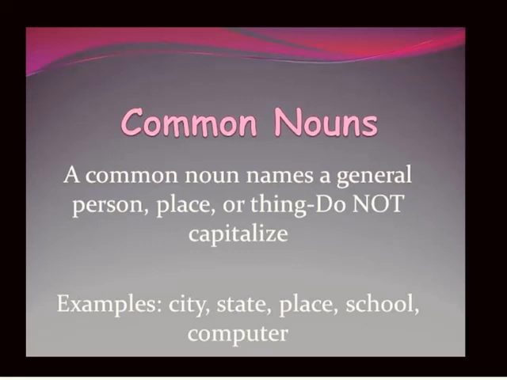You can understand this by the examples which I am going to use, like city, state, place, school, computer, teacher, pilot, artist, actor, the names of animals, crocodile, spider, then things, bench, clock, phone, washing machine and many more, all the names. You should remember that it's just a general name.